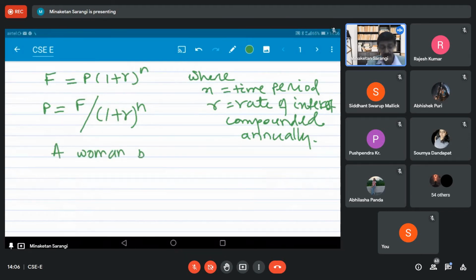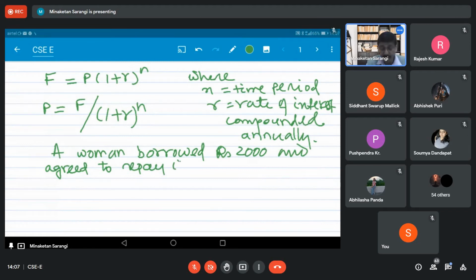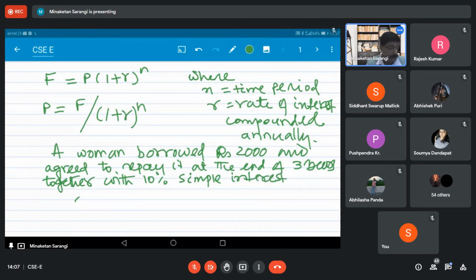A woman borrowed, let us say, rupees 2000 and agreed to repay it at the end of 3 years, together with 10% simple interest per year. How much will she pay after 3 years?